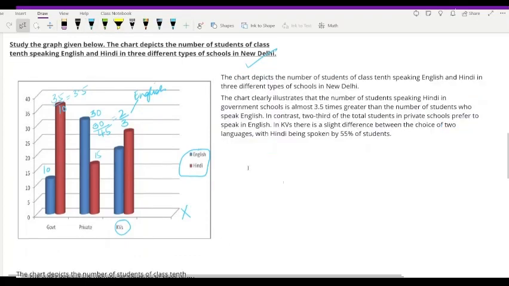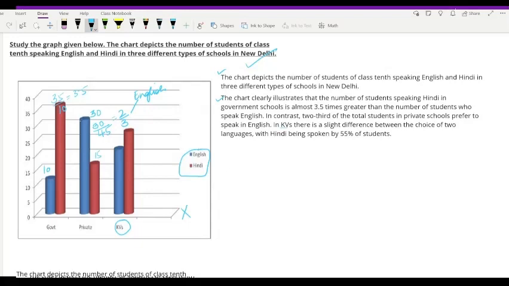To have a clear picture, you can see over here that we have already written the first para, and then we have written the second para, and in the second para we have just mentioned about the government school, and then the private school, and then the KVs. After this we can write a little bit of comparison. So here we can write that on comparing the three types of given schools, government schools have the highest number of Hindi speakers, and private schools are at the highest position amongst English speakers.